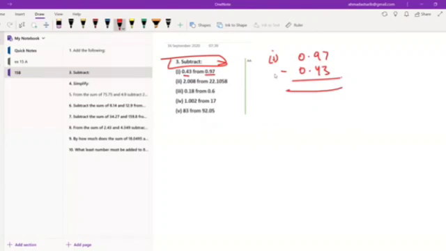Now you can subtract it easily. It is so simple. 7 minus 3 is 4, and 9 minus 4 is 5. So the answer is 0.95.